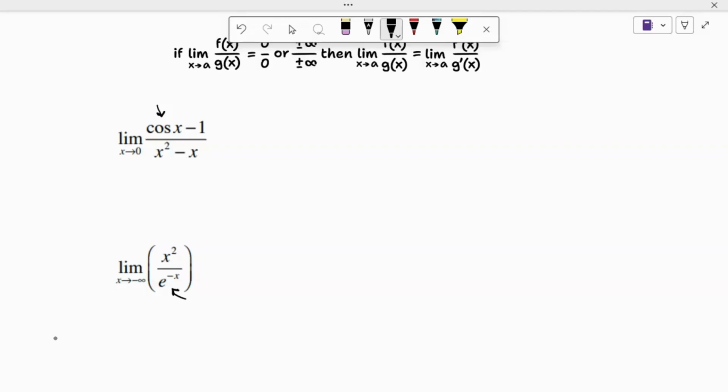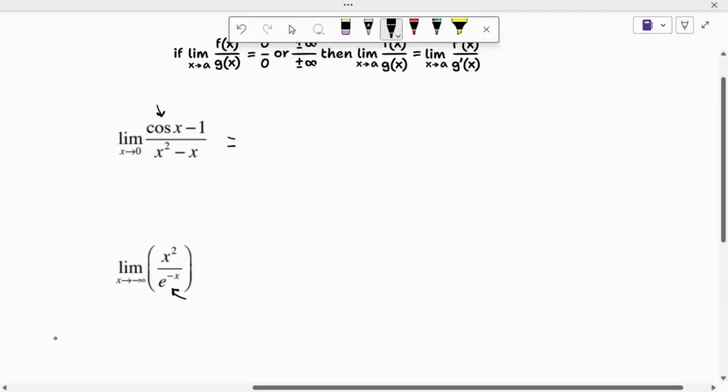So the first thing we need to check is to see if we get 0 over 0 or an infinity over an infinity. So if I plug in x equals 0 here, I get cosine of 0, which is 1, minus 1 is 0, divided by, plug in x equals 0, I get 0 over 0. So I can use L'Hopital's rule here.